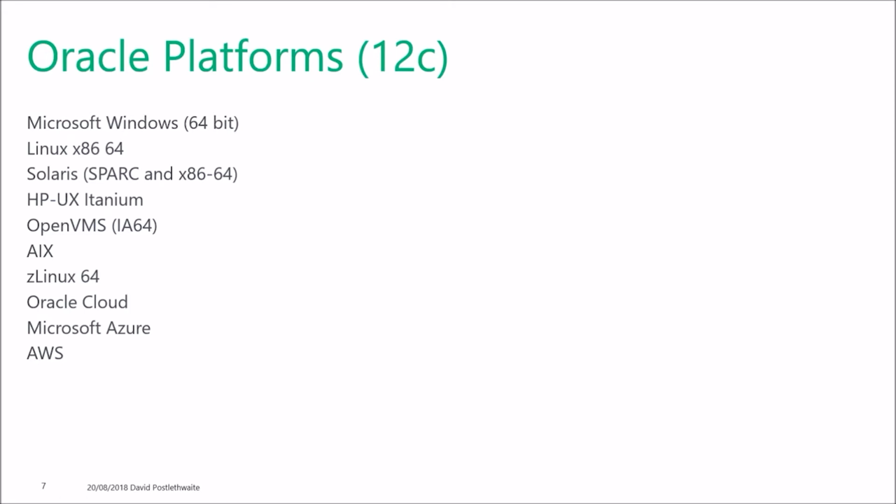But this multi-platform ability has given Oracle an advantage over SQL Server, which has until recently only worked on Windows. Has SQL Server on Linux actually changed anything? I'm not sure, but the fact that you can run Oracle on so many different systems compared to SQL Server does give it an advantage.